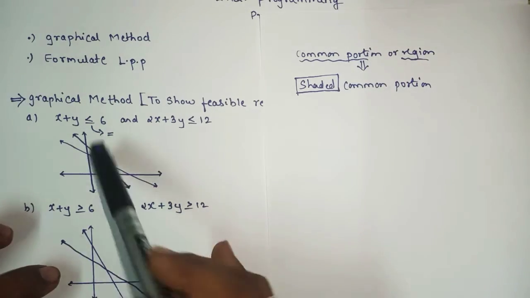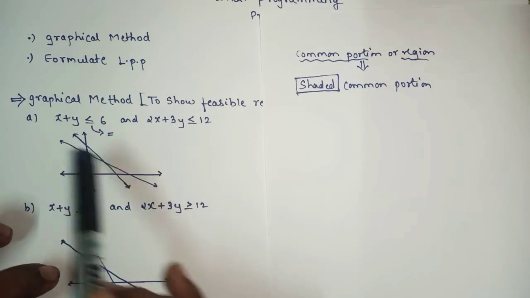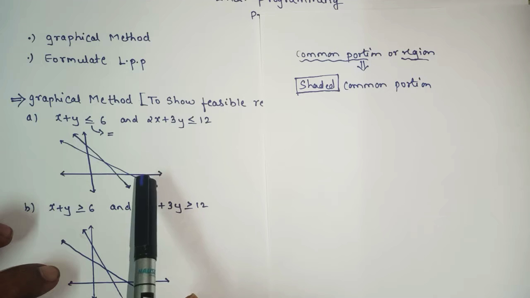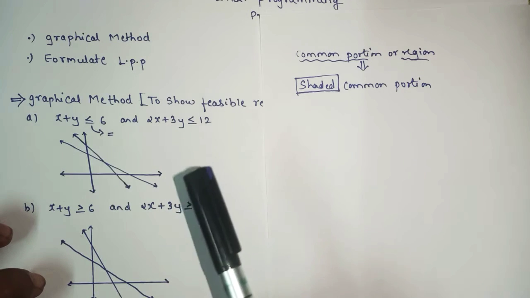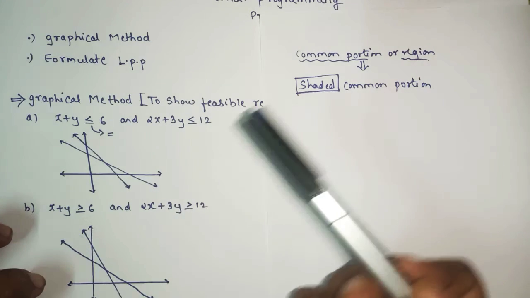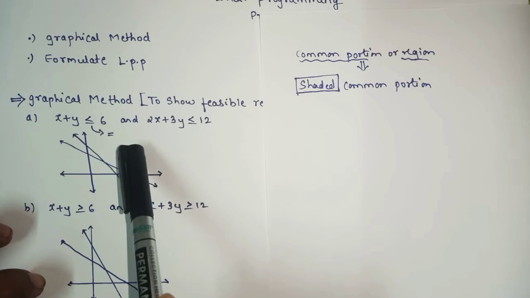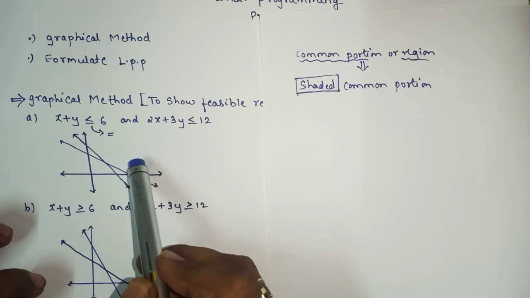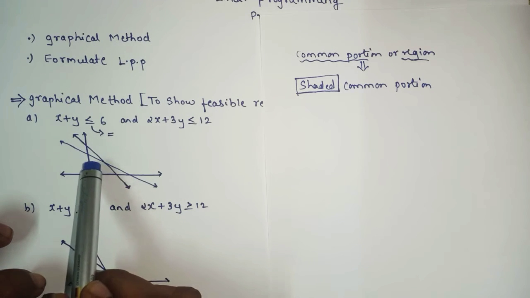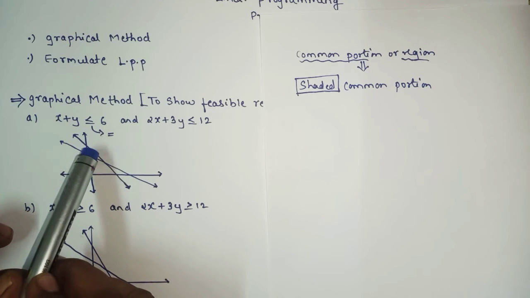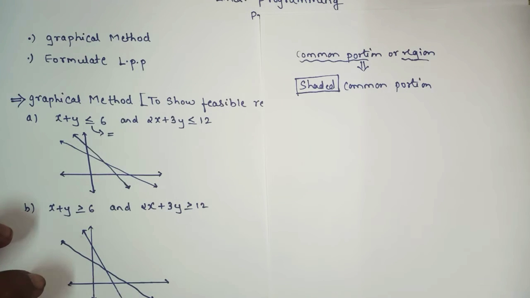After plotting the graph, you have to show the shaded region. The shaded region can come on this side, or here, or inside. So the challenging part is to show the feasible region perfectly.